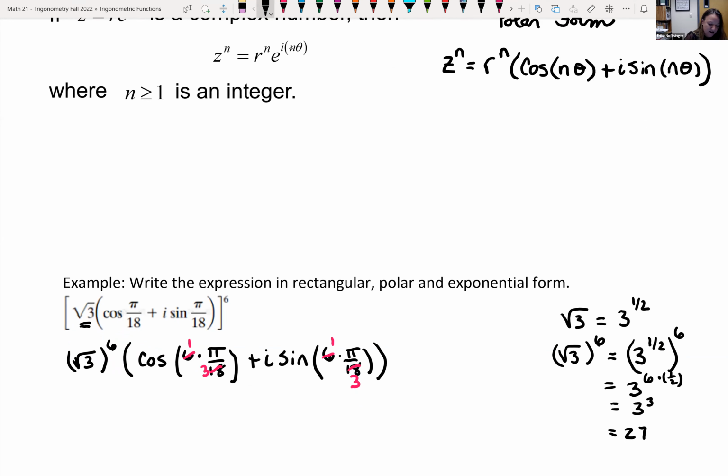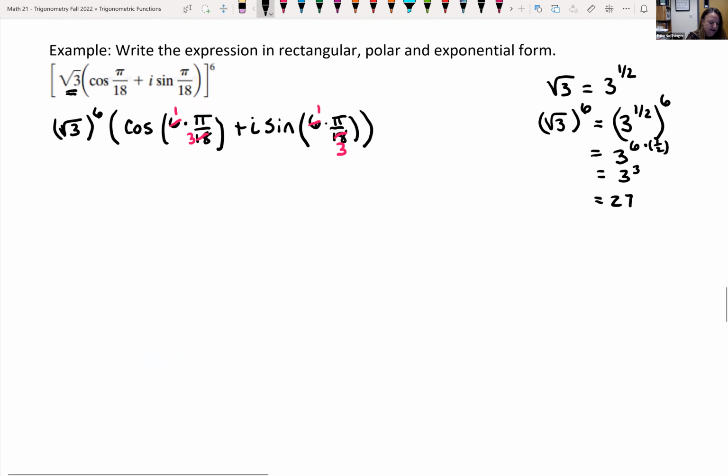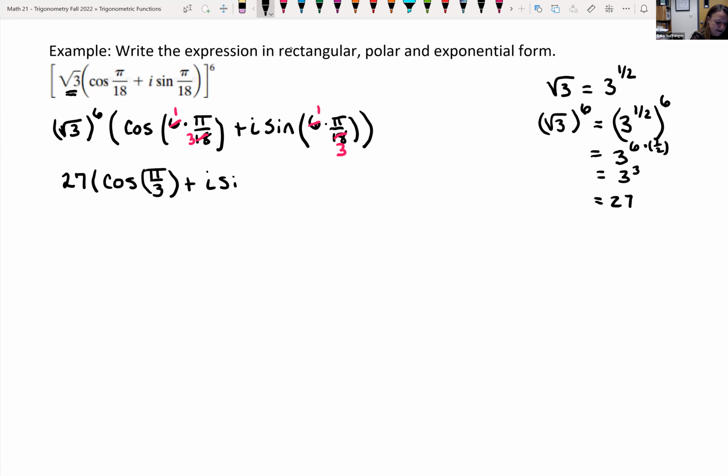So I have here √3 raised to the 6th power is 27, all times cosine, my angle, or argument, is now pi thirds, plus I sine of pi thirds.